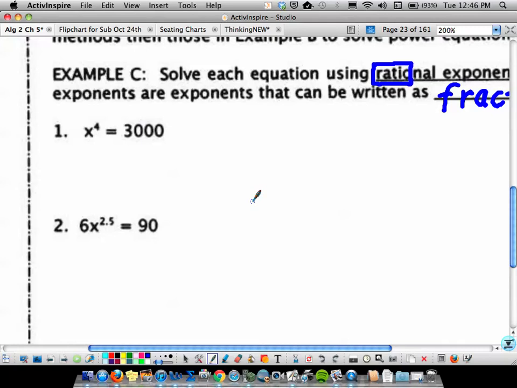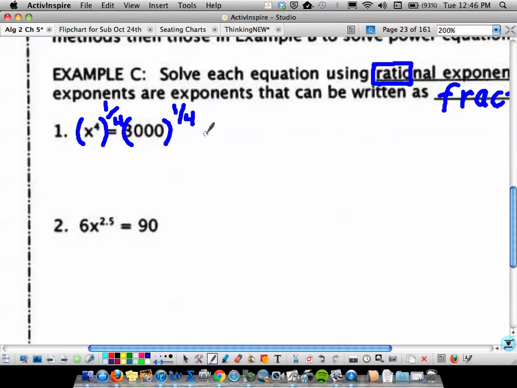So the way to get rid of the power of 4 is actually to raise this whole thing to the reciprocal of 4. And 4 is the same thing as 4 over 1, and the reciprocal of 4 over 1 is 1 over 4. If we do it to one side, we have to do it to the other side. So we're going to raise both sides to the 1/4 power.